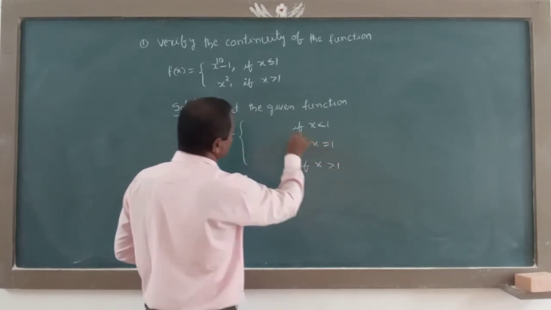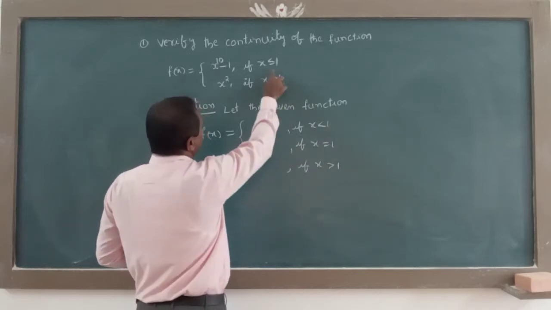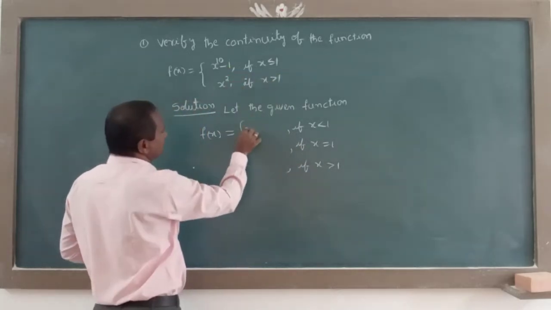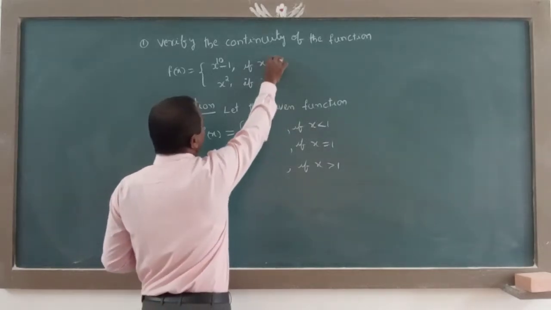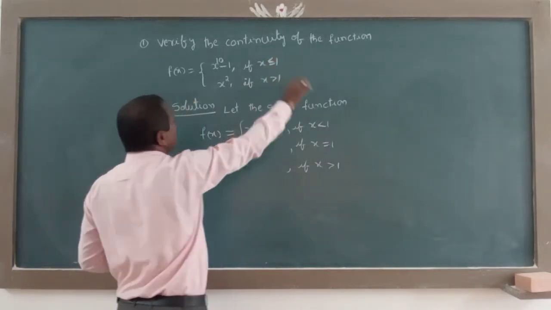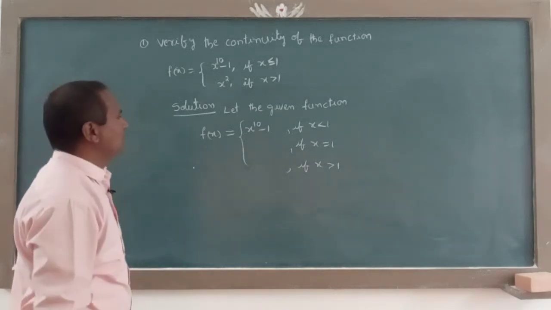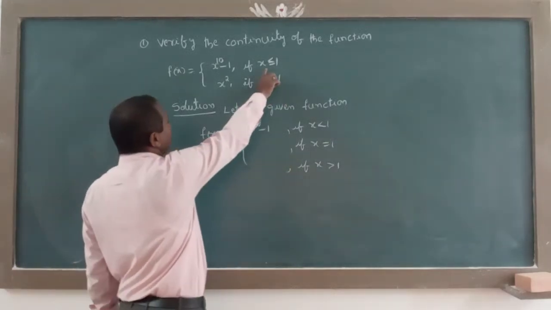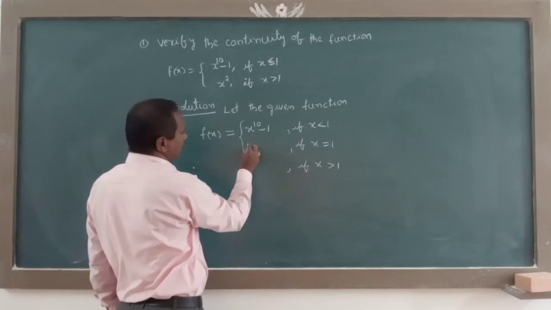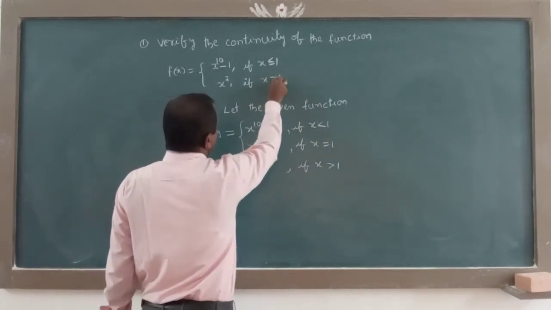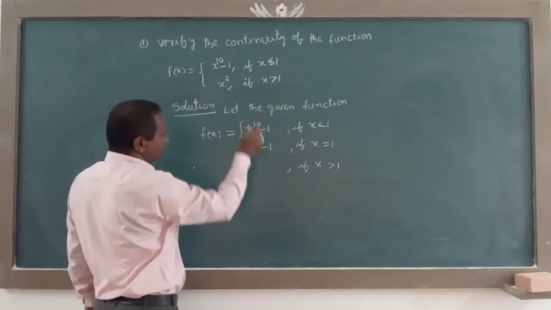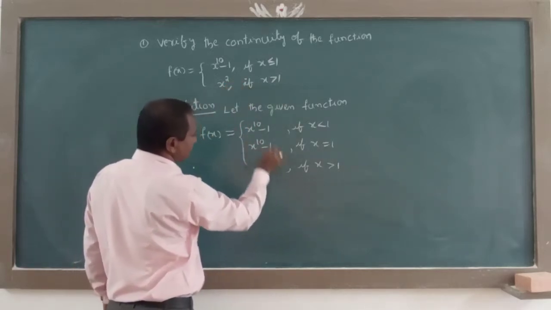Corresponding to less than 1, the function is x power 10 minus 1. Exact equal to belongs to both symbols, less than and equal. So for x equal to 1, we must take this function only, that is x power 10 minus 1. Corresponding to the greater than symbol, x square is what we must consider here.